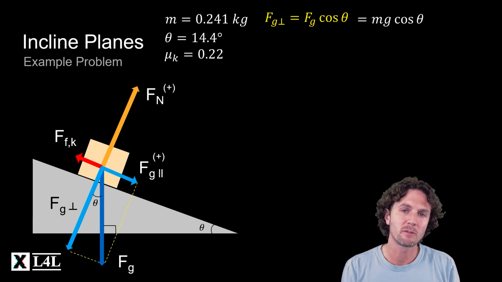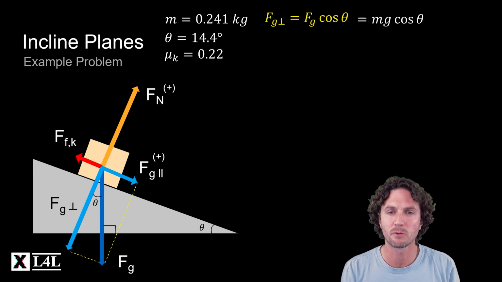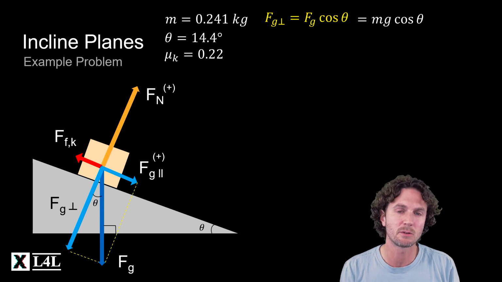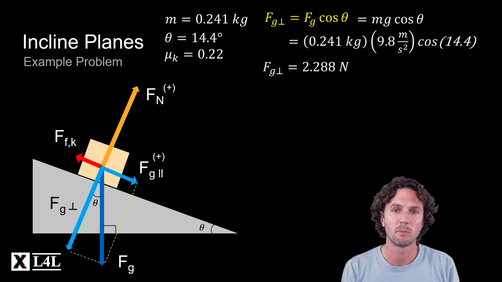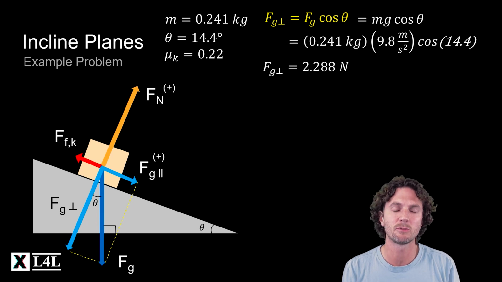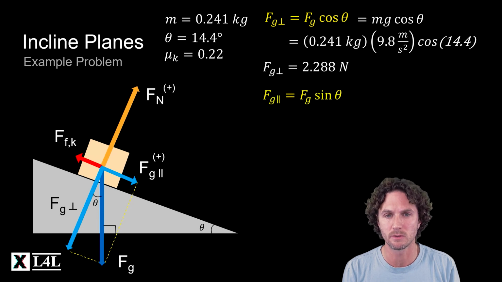And rather than solving for the force of gravity here, I'm showing you that there's no reason we can't just substitute the variables that make up the force of gravity, which is the mass times the acceleration due to gravity. So the force of gravity perpendicular is equal to mg cosine theta. Plugging in the mass, the acceleration due to gravity, and the angle, we find that the force of gravity perpendicular is 2.288 newtons.